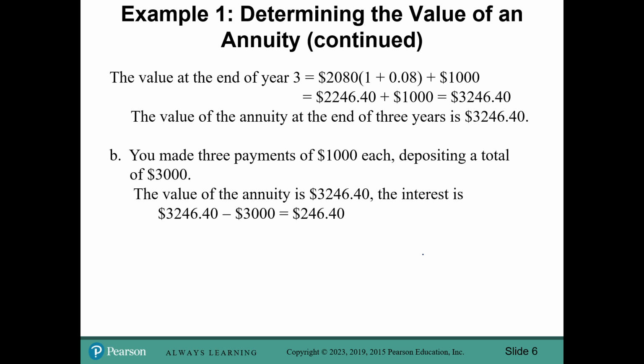Therefore, the interest would simply be the total value of the annuity minus the amount that we put in. So we have $3,246.40 minus $3,000, which gives us $246.40. That amount is the interest that we earned on our annuity after 3 years.